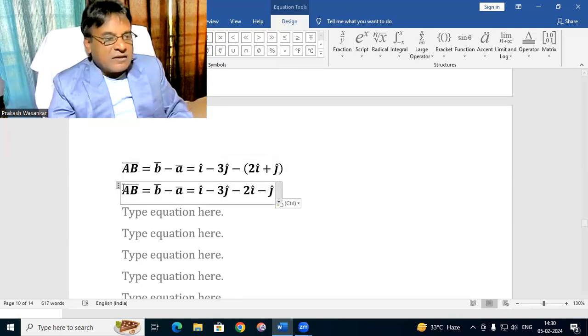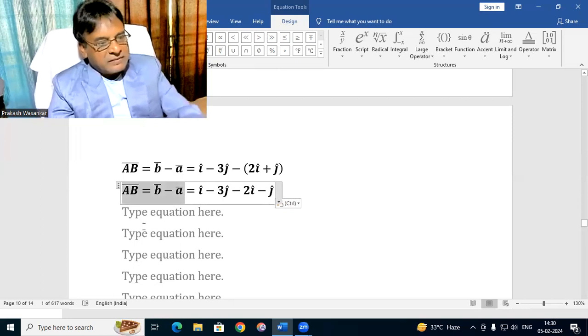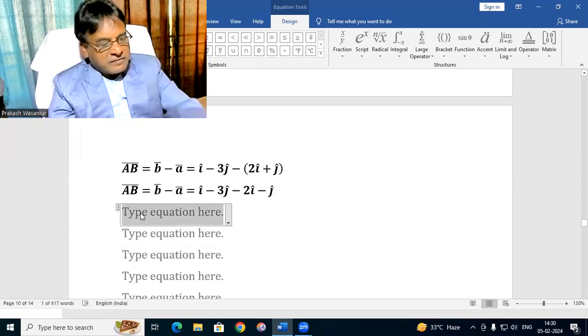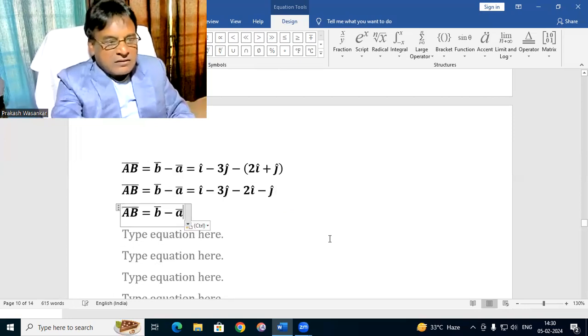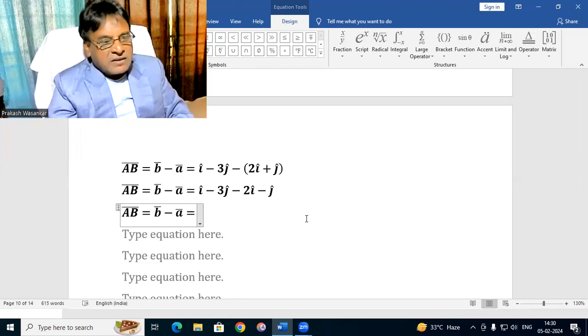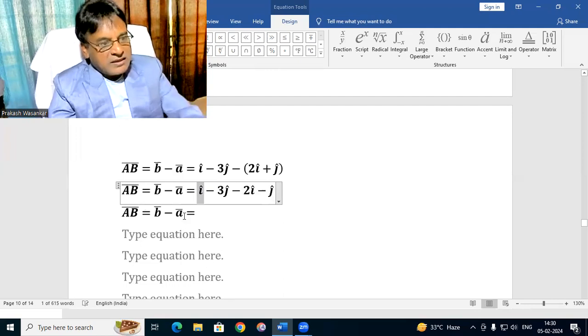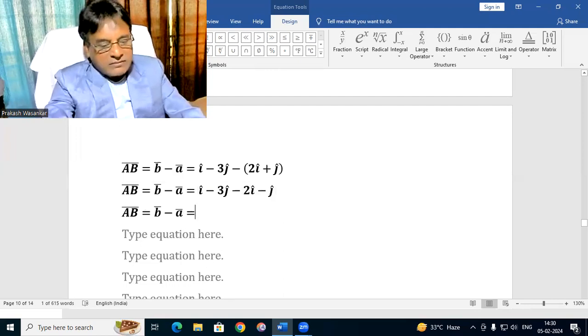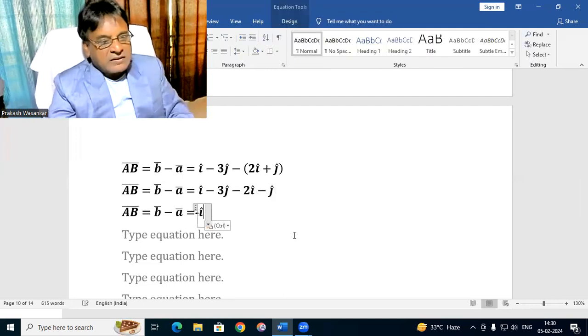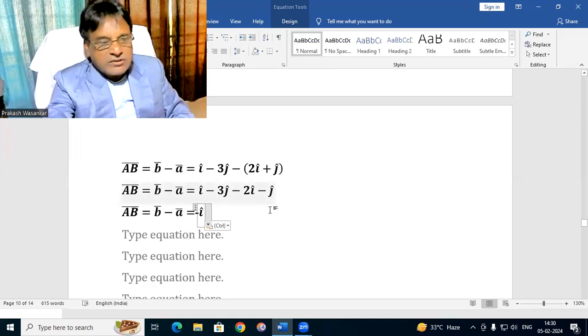Therefore, AB bar is equal to B bar minus A bar, which is i minus 2i, so minus i, then minus 3j minus j, which is minus 4j.